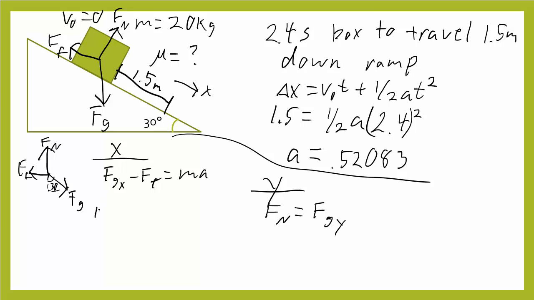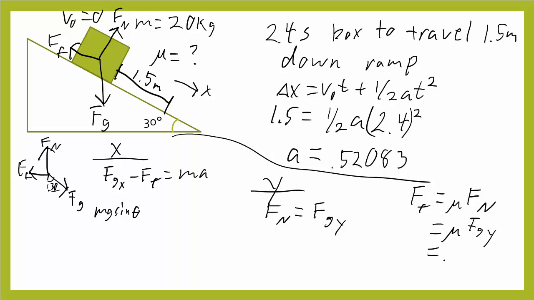Well, we've got mg sine theta for this one. Friction, I don't know what it is. But I do know that friction can always be found by doing mu times the normal force. Well, I don't know the normal force either, but I can find it by doing FGY. So this is mu times FGY.